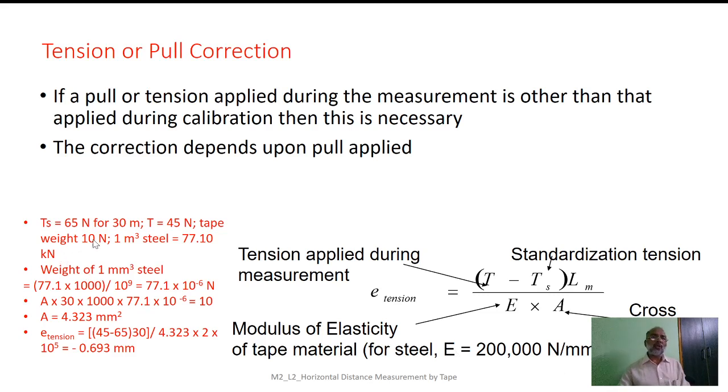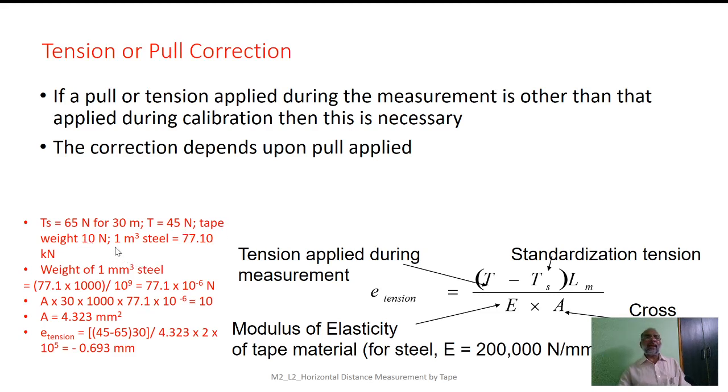Again, as you see here, Ts, which is nothing but the standardization tension, is 65 Newton. Tape used is of 35 meter. Actual tension applied is 45 Newton measured by the gauge, which is placed along with the tape. Tape weight is 10 Newton.